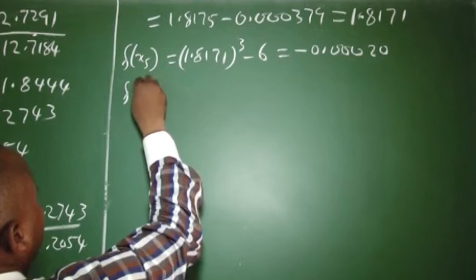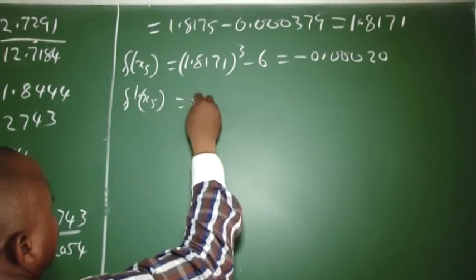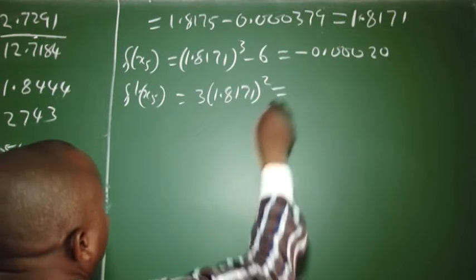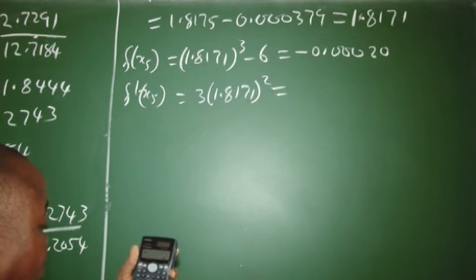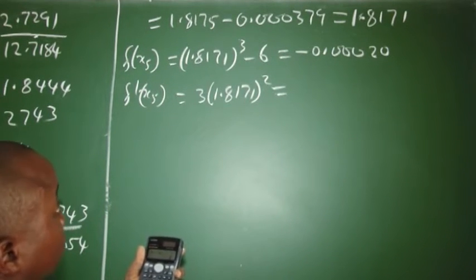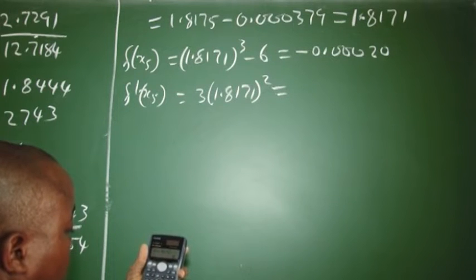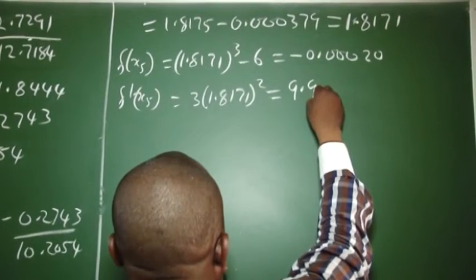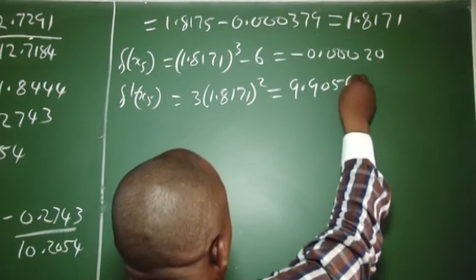F prime of x5 is 3 times 1.8171 squared, which gives us 9.9056.